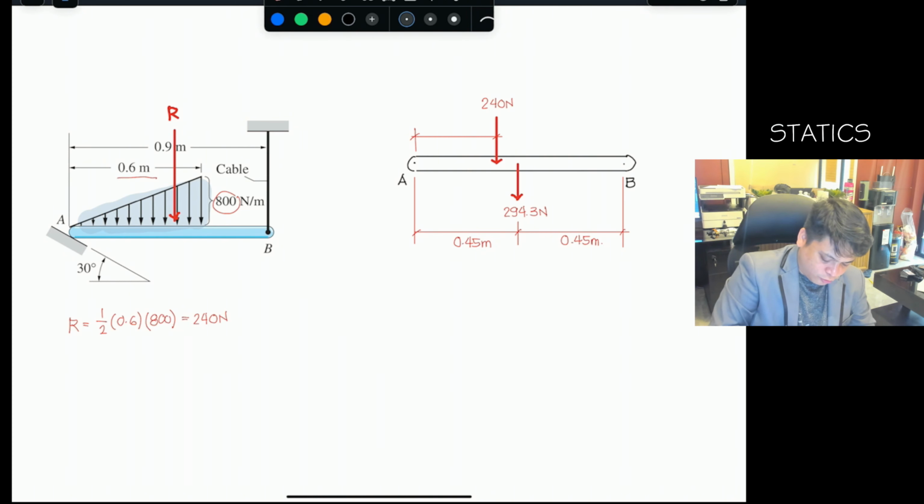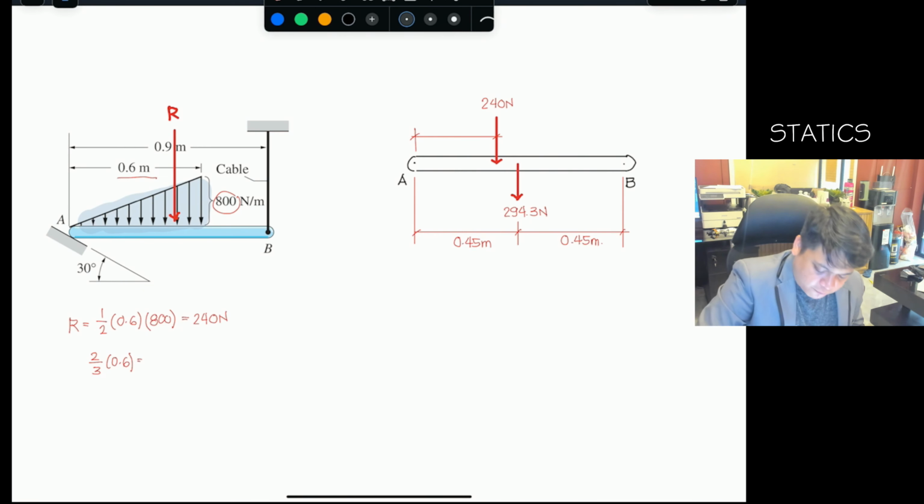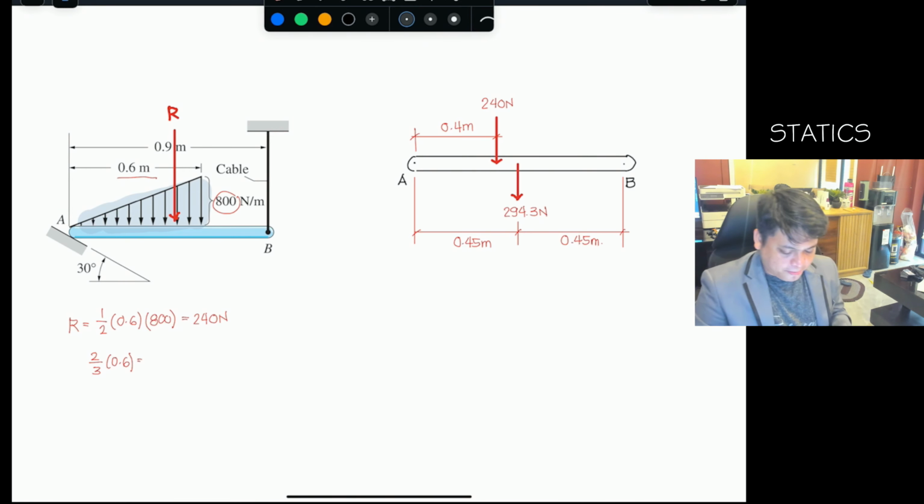Okay, so 2/3 of 0.6. So that is equal to 0.4 meters. Okay? So, those are your external loads.